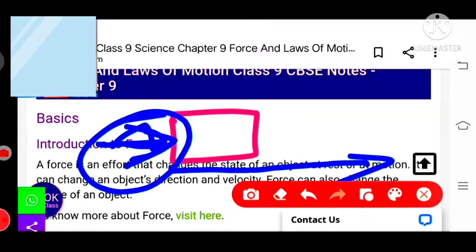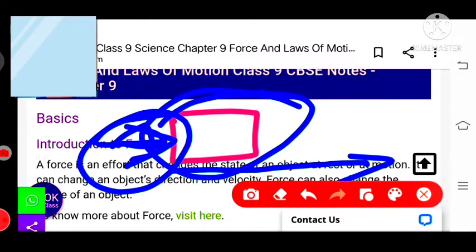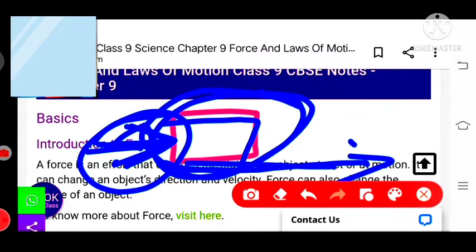Then that effort is force, because the state of the box was rest, and it goes from rest to motion because we apply the force to it in that direction, and the box moves in the same direction. So the effort or the force applied helps change the state of the box.